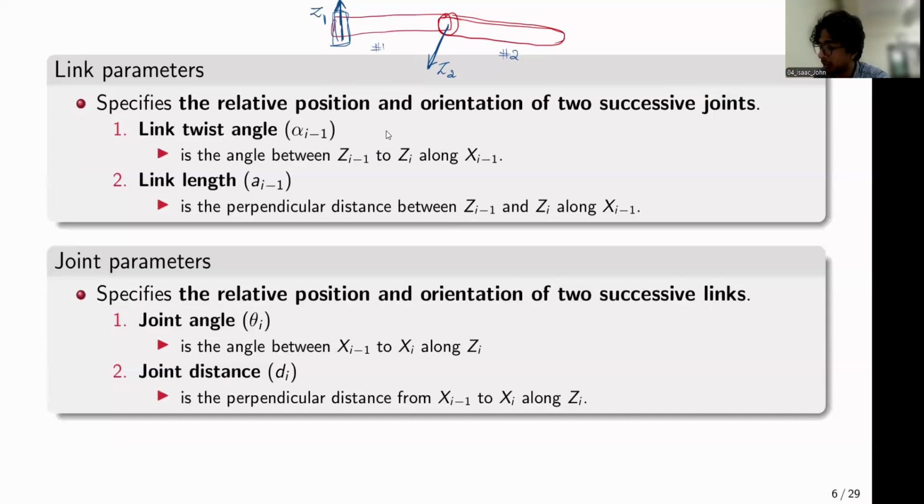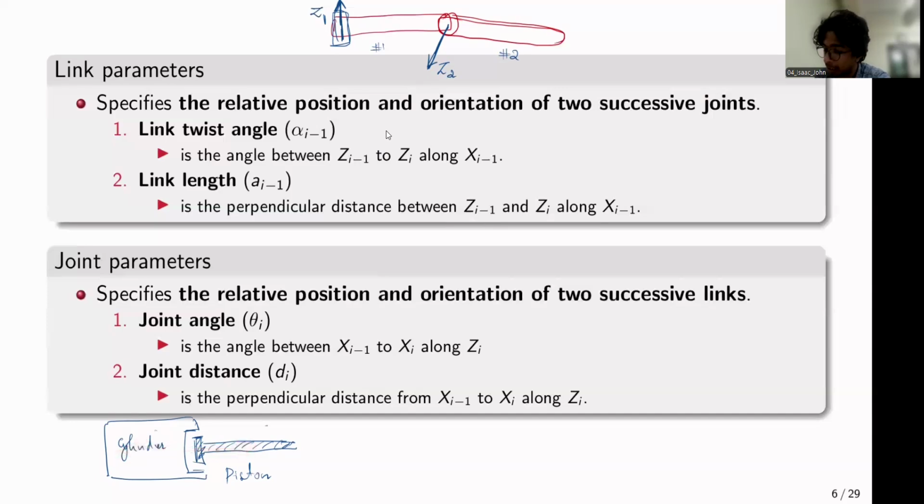Similarly, if you have a prismatic joint, maybe I'll show one more example over here. So if this is one link, and if you have a prismatic joint like this, you can probably consider this to be a cylinder and this part to be a piston. This is basically a prismatic joint because it can only allow you this sliding motion, back and forth motion.